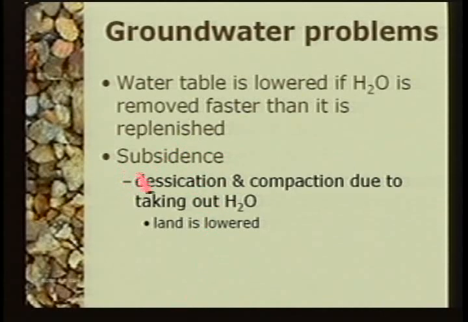Now, if we take out water and we're in substrate where the sediments are fairly loosely packed, we can end up with subsidence. And this happens when the water's pumped out and the ground basically dries out and compacts and the land is lowered.